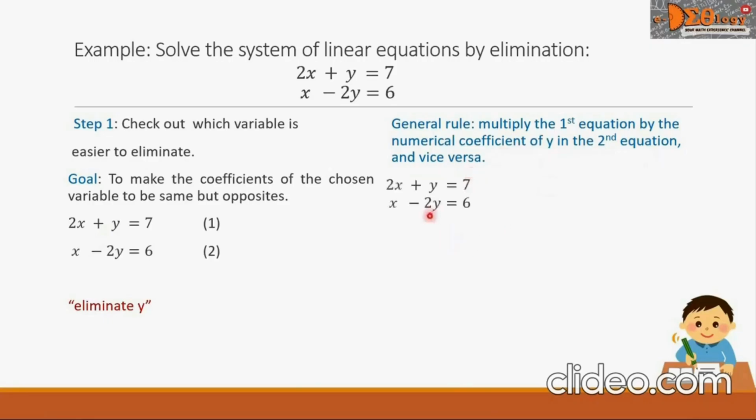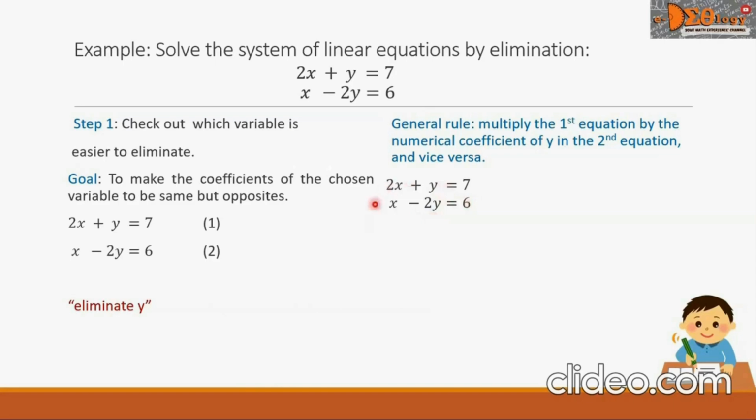It means to say, since I decided to eliminate y, I will multiply the first equation by the coefficient of y in the second, which is 2. And in this case, I will not include the sign.